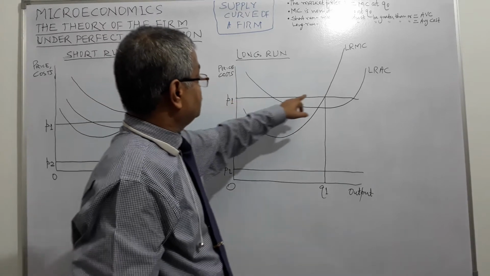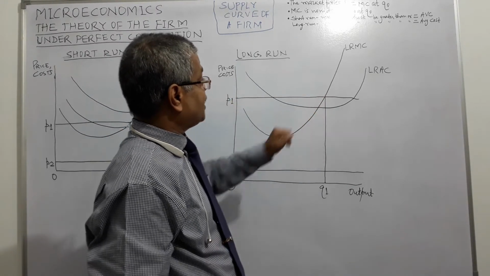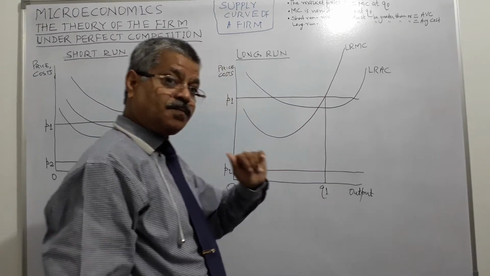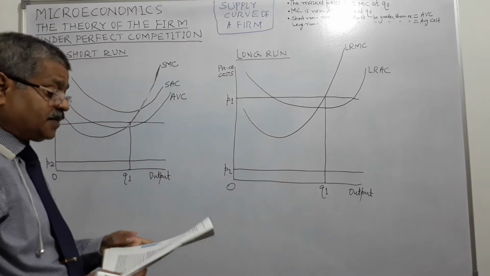So we can say here in this case at P1 all the three conditions are met. So Q1 is the level of profit maximization output decided by the firm.